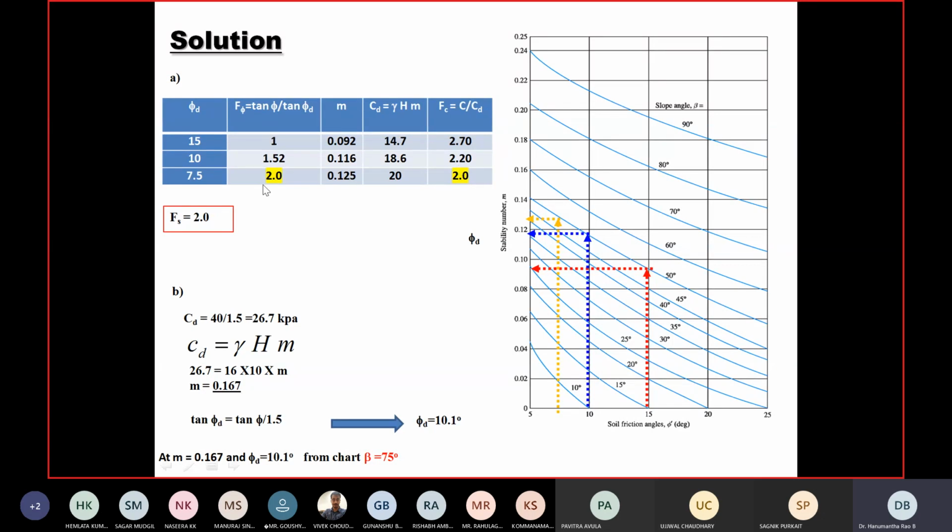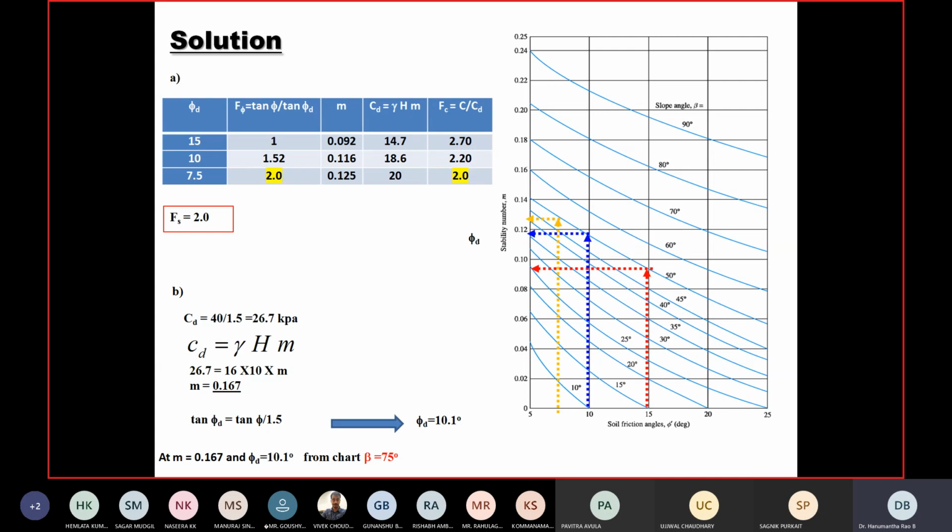So that means this is the friction angle that is desirable. When beta is 50, the minimum factor of safety value is 2.